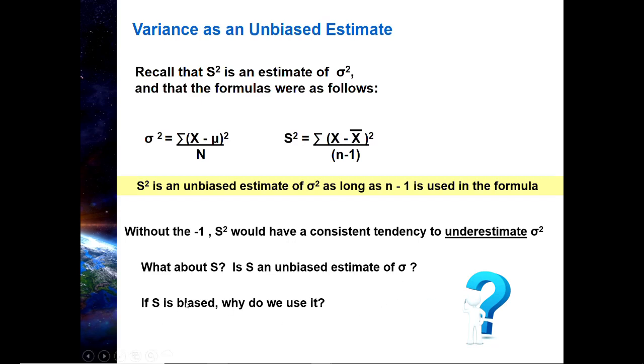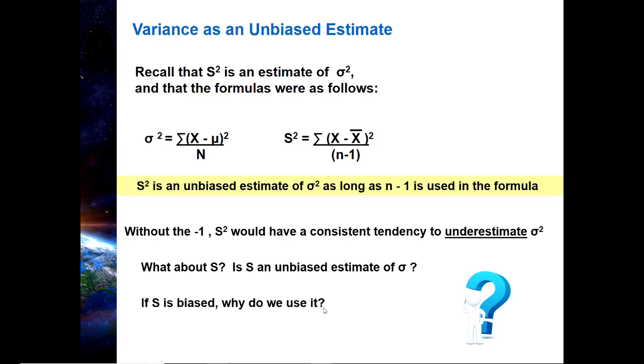So what about this? If s is biased, why do we use it? Because remember I said that s, standard deviation, is the most frequently used measure of variability. But if it's biased, why do we still keep using it? And the answer is, it's only a little teeny tiny bit biased.